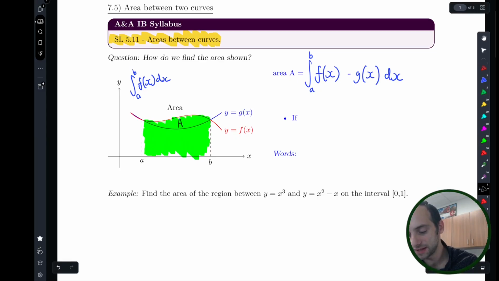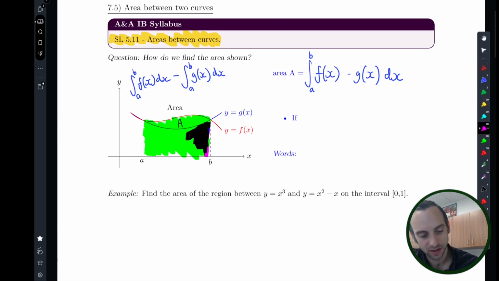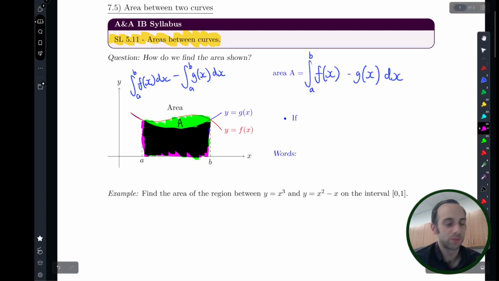If I then subtracted from that the integral from a to b of g of x dx, that's the blue function, that would be subtracting this area that I'm coloring in, this purple color that when I put it on top of the green goes a dark black color, but you get the idea. If I subtract those two areas, I'd be left with that little thin strip in the middle, which is exactly what I want.